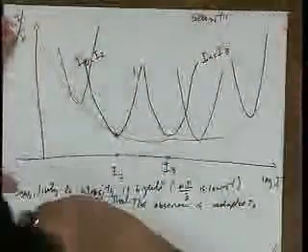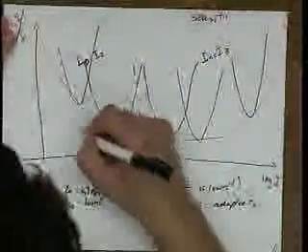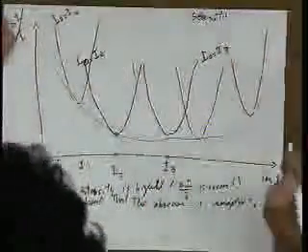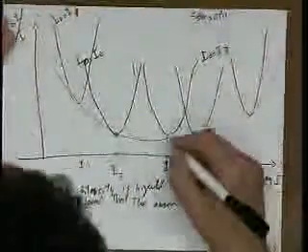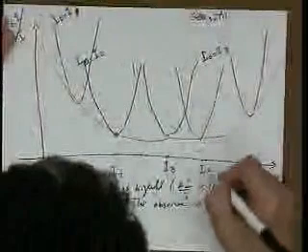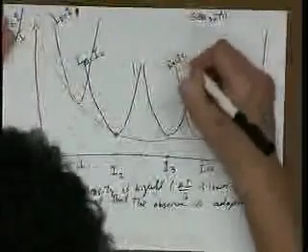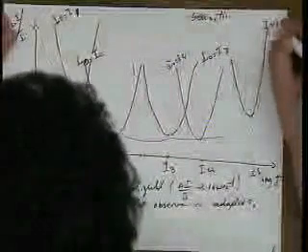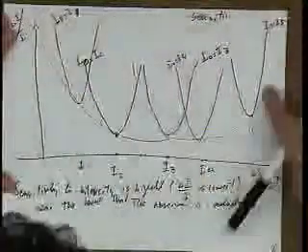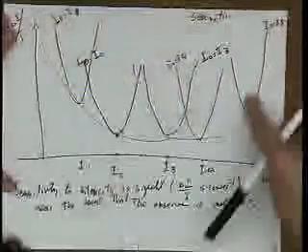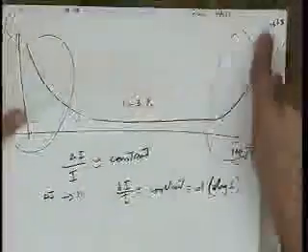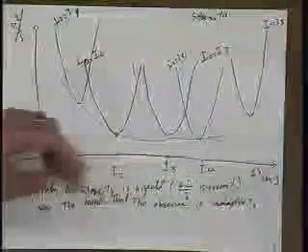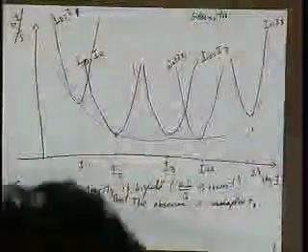For example, at I1, this would be the curve corresponding to I naught equals I1. This is I2, this is I4, I naught equals I4, this is I5, I naught equals I5. So the bottom of this curve has the same trajectory as the curve that we had before.